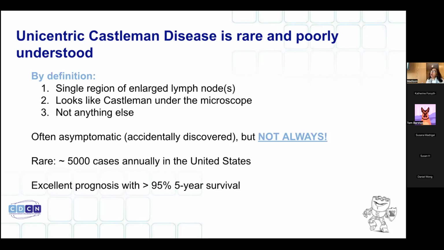What we do know about what is called unicentric Castleman's disease is that there is a single region of enlarged lymph nodes, okay? So how do we define these regions? Well, that comes from lymphoma, all right? So the treatment of lymphoma developed through radiation oncology, and they would define what a single region was based on what was encompassed in a radiation field, okay?